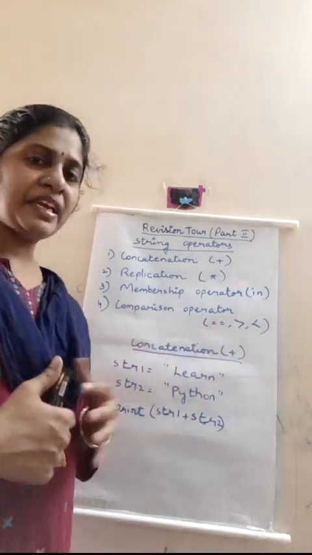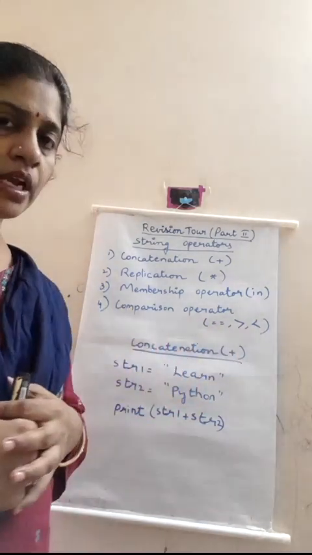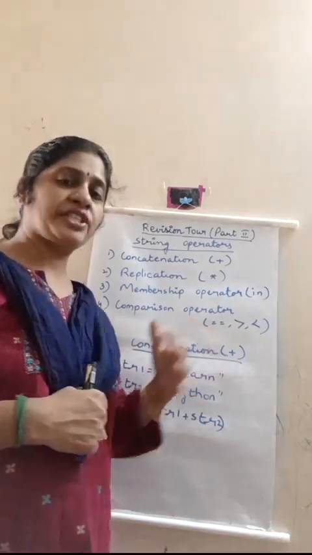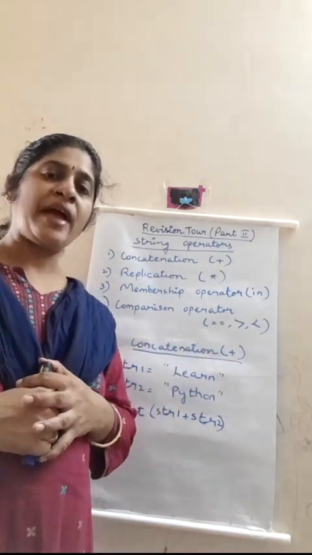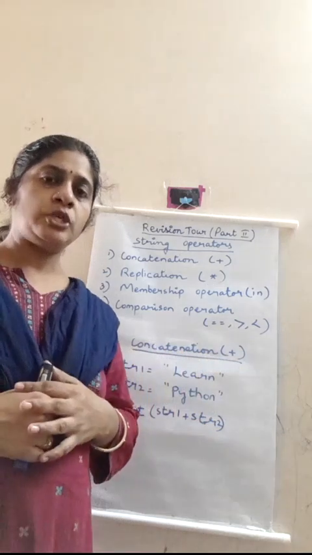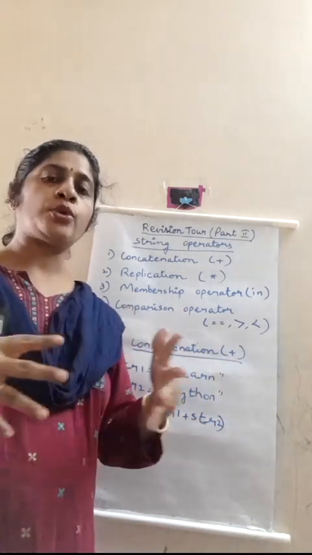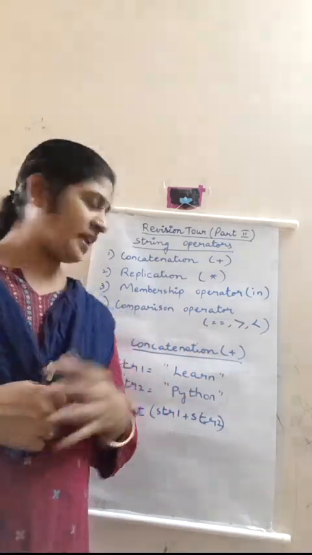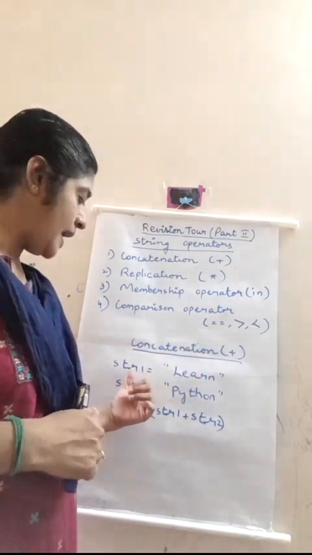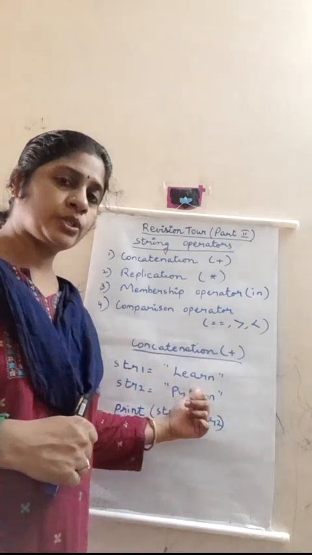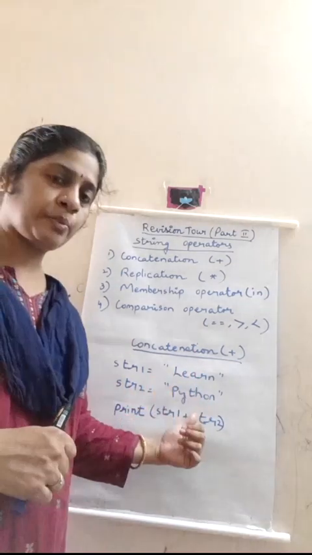Now let us begin with the concatenation operator, where we will be using plus. We will be using this operator to concatenate two strings, or to join two strings. For example, I have a string str1 equal to learn and str2 equal to Python.